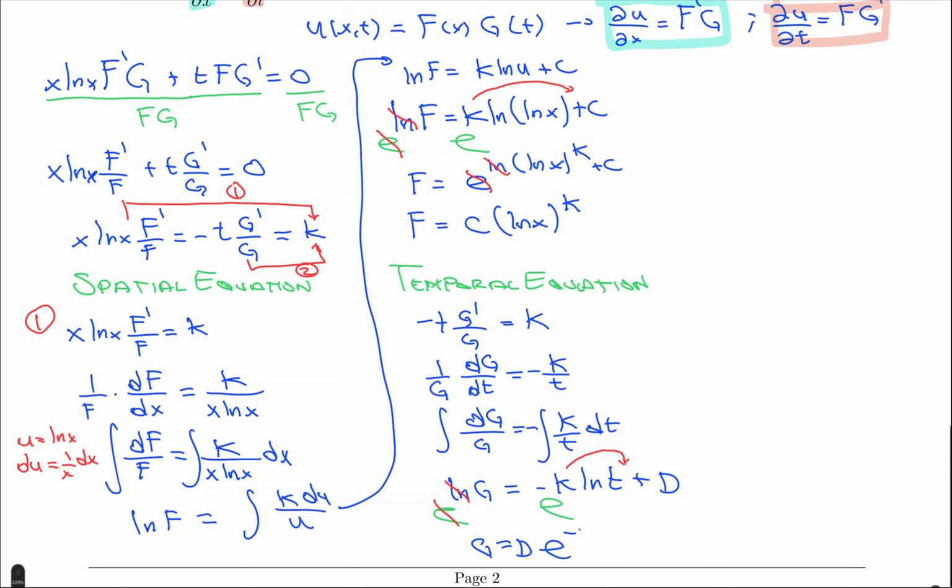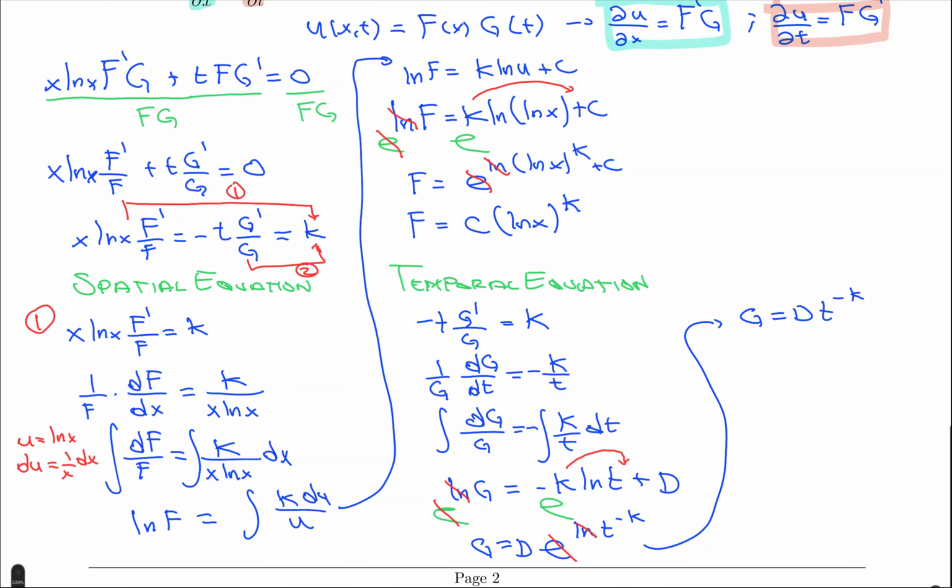So e to the ln of t to the negative k, which becomes g equals d. Now cancel e with ln, and this is t to the negative k. I know we can move it down to the denominator with a negative exponent, but I'm going to leave it like this for now.